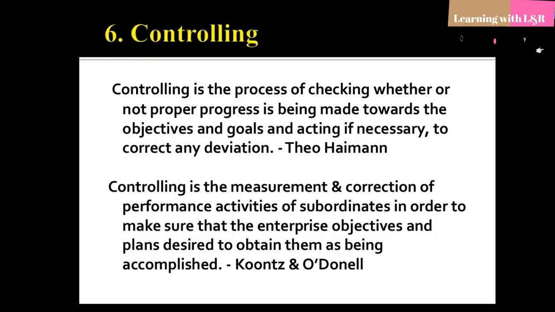Then controlling. Controlling is the process of checking whether or not proper progress is being made towards the objectives and goals, and acting if necessary to correct any deviation. Controlling is the measurement and correction of the performance of subordinates in order to make sure that the enterprise objectives and the plans devised to attain them are being accomplished.